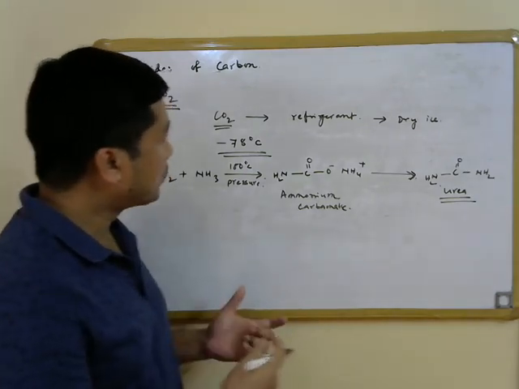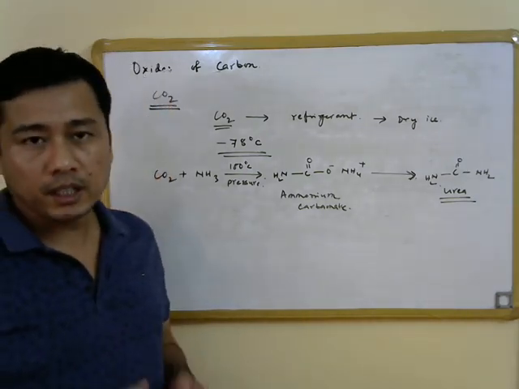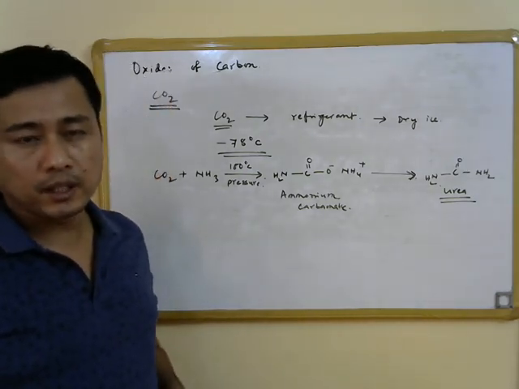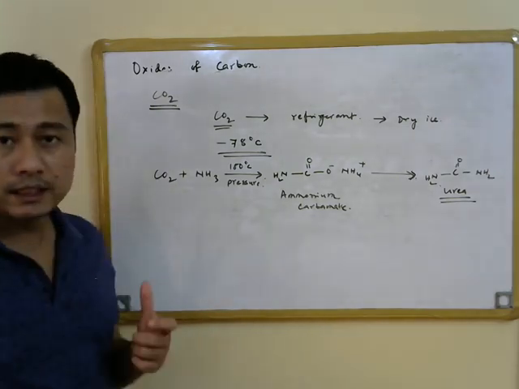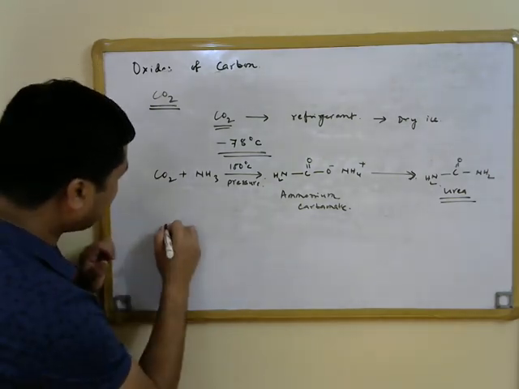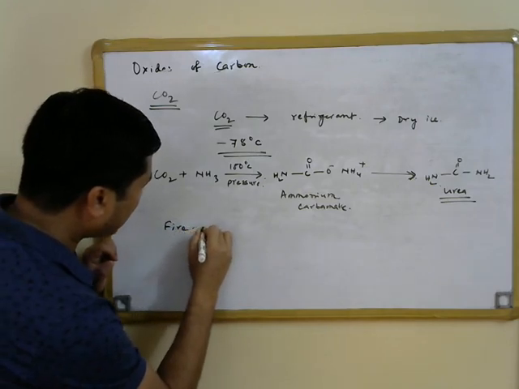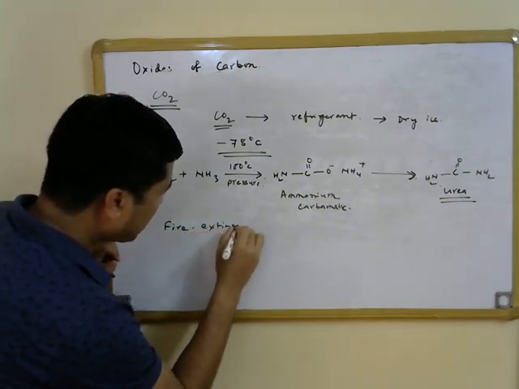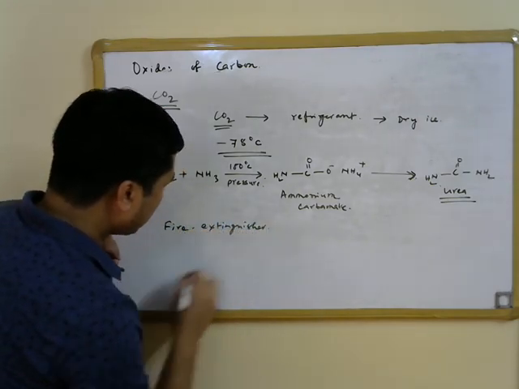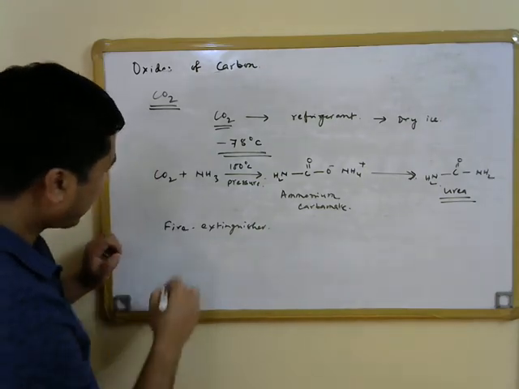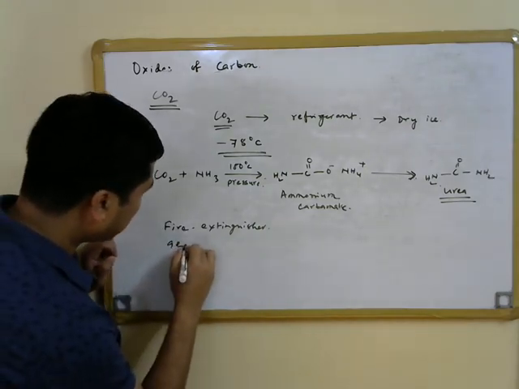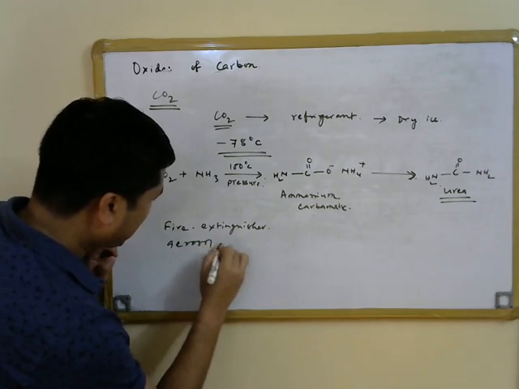Then apart from these two applications, there are other applications as well, that is carbon dioxide is used as a fire extinguisher, that we know. It is also used as aerosol propellant.